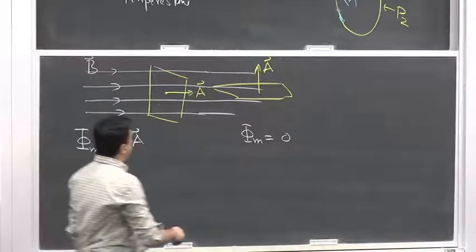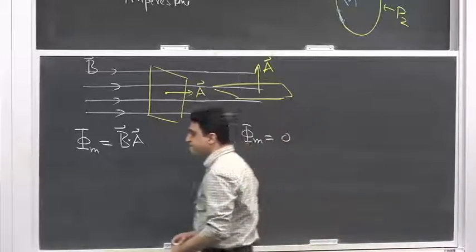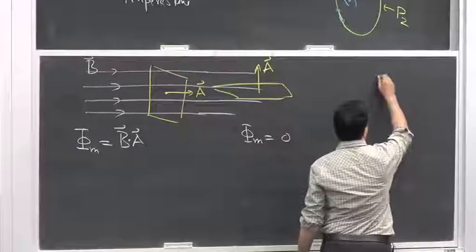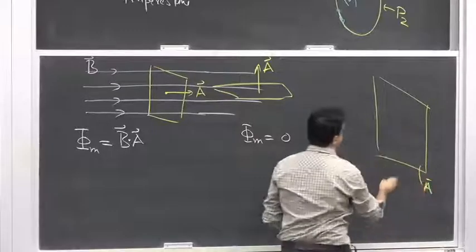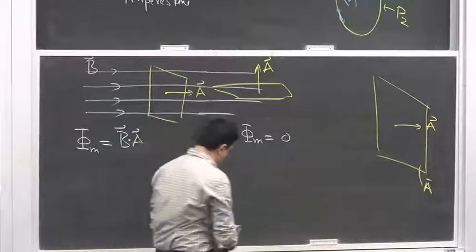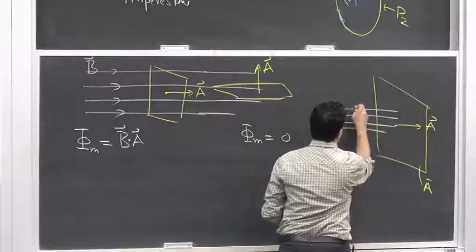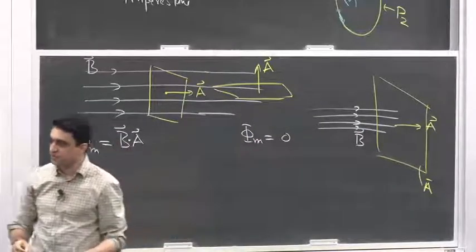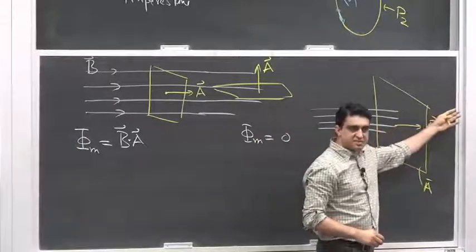In a similar way, let's say I have a total area A, but the magnetic field lines B pass through just a small part of the whole area. What would be the total magnetic flux in this case?